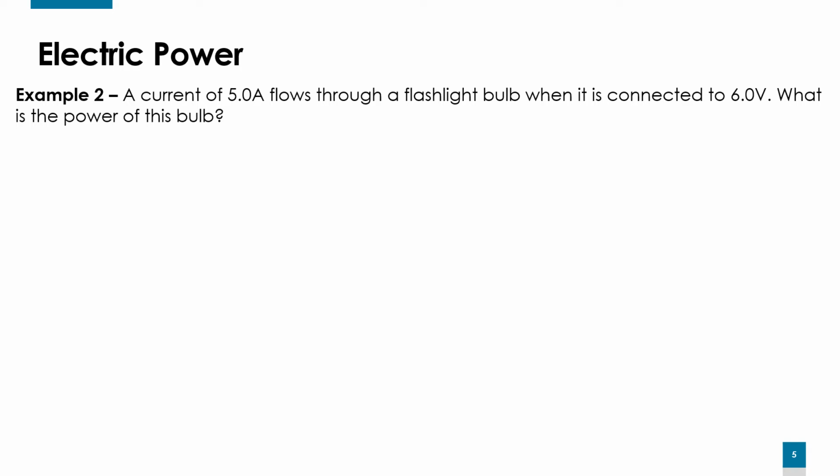A current of 5 amperes flows through a flashlight bulb when it's connected to 6 volts. What's the power of this bulb? Now let's highlight. A current of 5 amperes flows through a flashlight bulb when it's connected to 6 volts. What is the power? So let's make a list. I have current, 5 amperes.